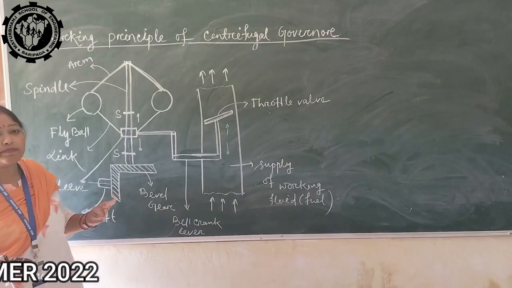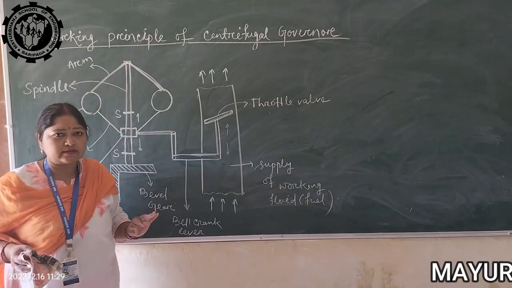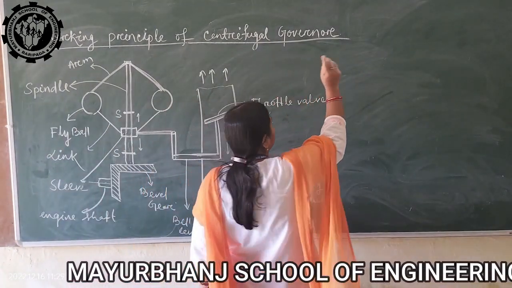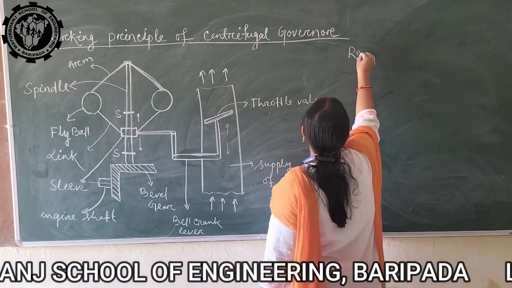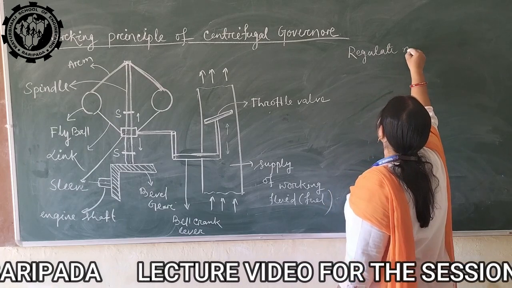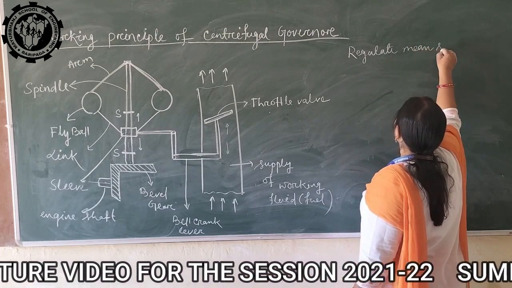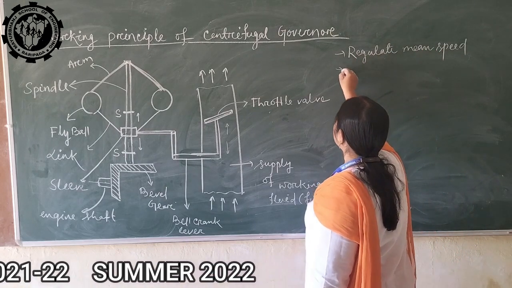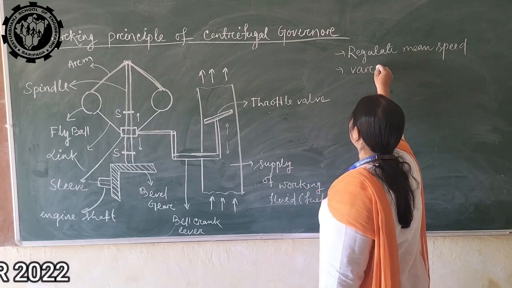So what is the mechanism behind this? What is the function of a governor? The function of a governor is that it regulates the mean speed of an engine when there is variation of load.